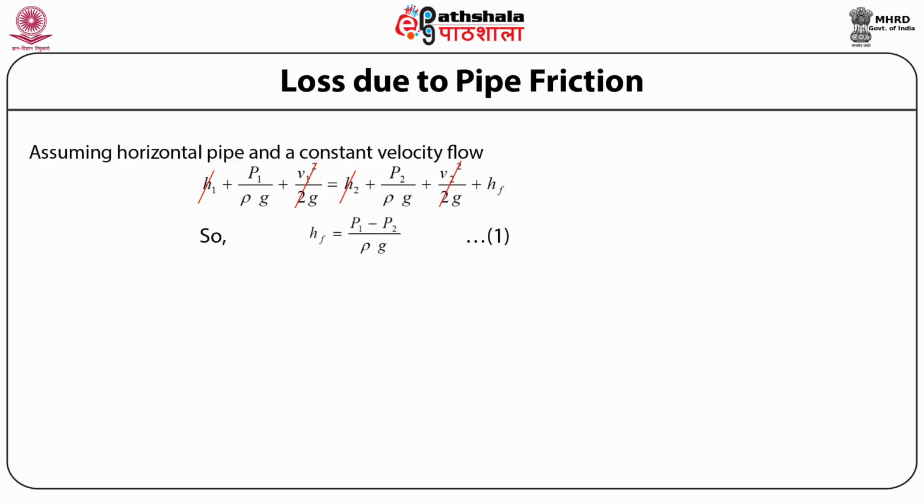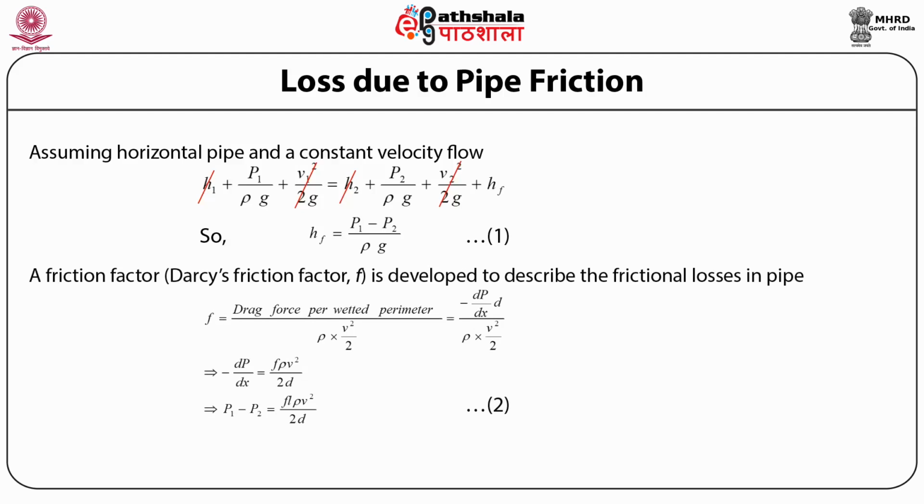They developed a proportionality constant called friction factor, which is denoted as small f, and is equal to the drag force per unit area divided by the density and kinetic energy. The drag force, minus dp by dx, is now equal to f rho v square by 2d, or you can write P1 minus P2 is equal to f l rho v square by 2d.